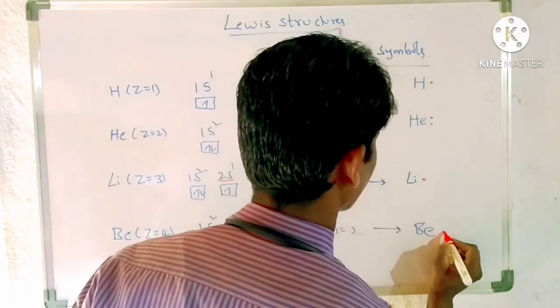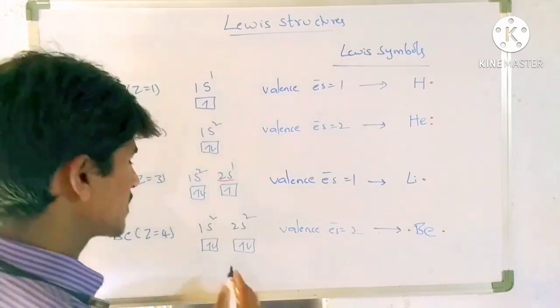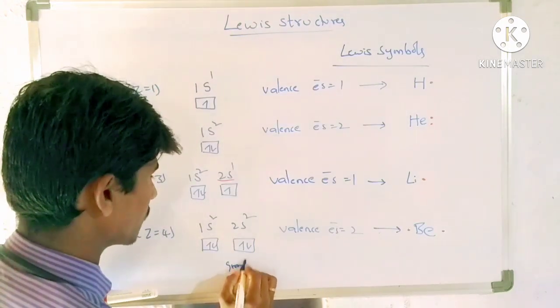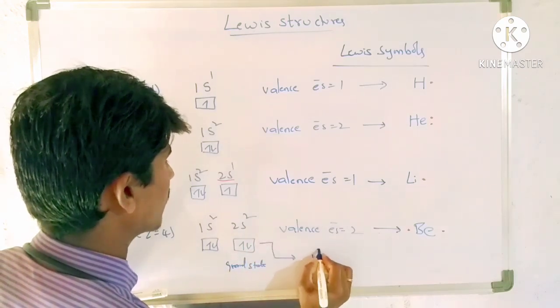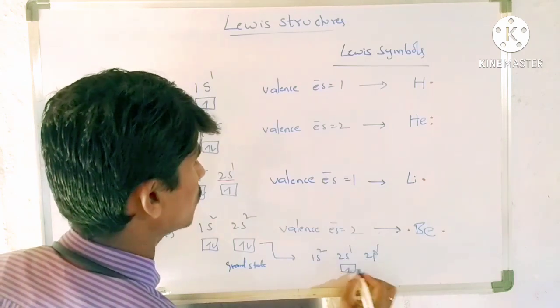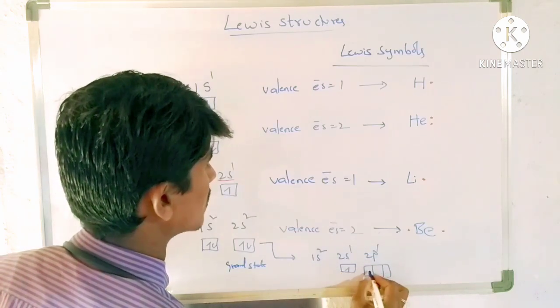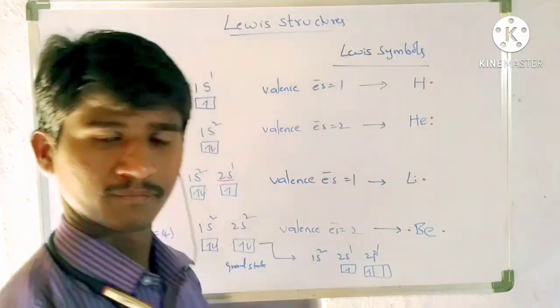This is the ground state of beryllium. Now coming to the excited state, 1s2, 2s1, 2p1. We have to consider this. How many valence electrons are there? 2 valence electrons, and the 2 are unpaired.